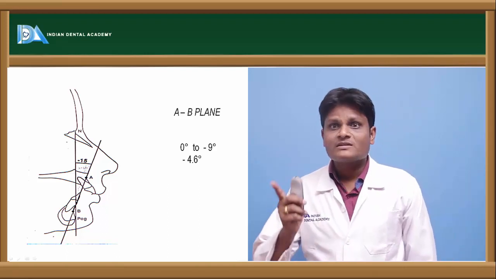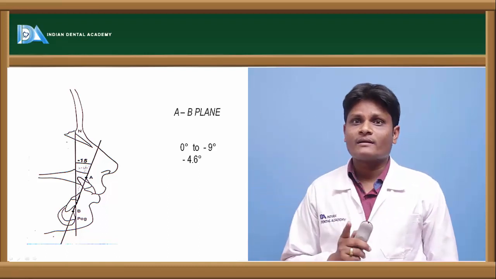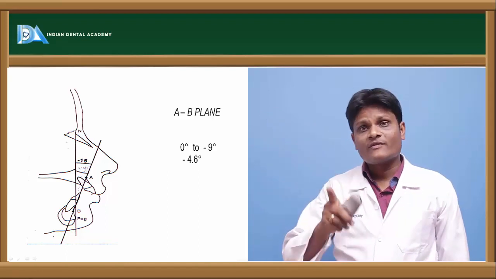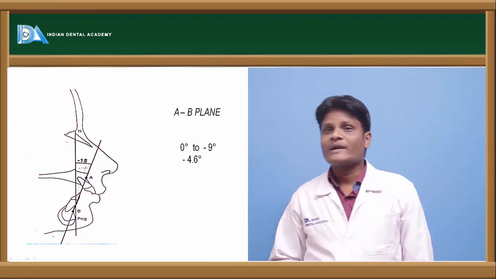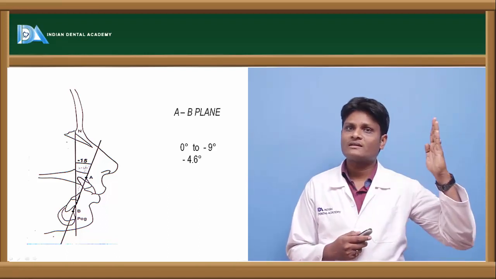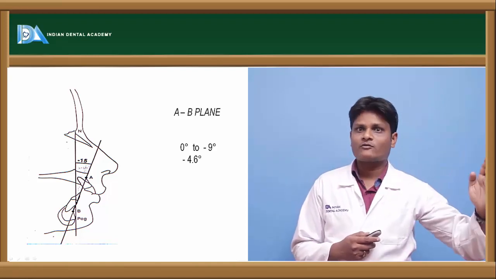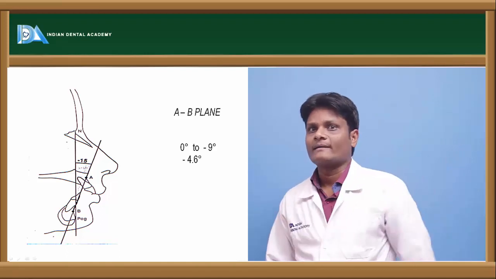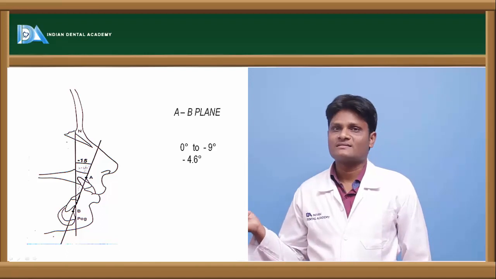But if the face is convex, the angle is positive for angle of convexity, whereas if the face is convex, the angle is negative in the AB plane angle. That means the annotation differs. Positive value for convexity in case of angle of convexity, whereas negative value for convexity in case of AB plane angle. So the average AB plane angle is minus 4.6 degrees.